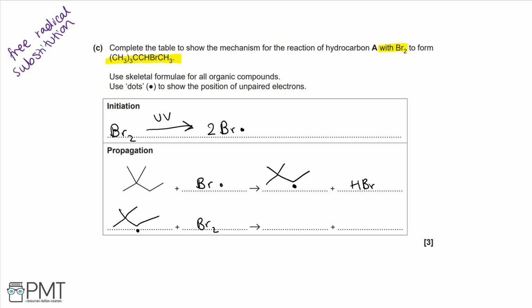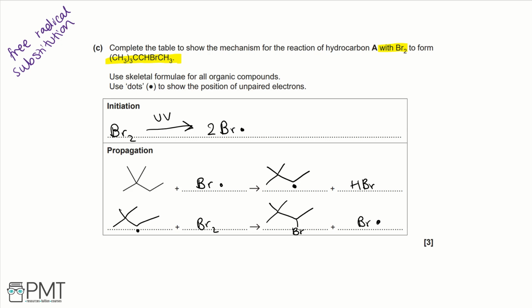So the bromine can then be added to where your radical part is on your hydrocarbon, and then you can get the product that you wanted at the end, where you've got your bromine on carbon number 2, and then you're left over with a bromine radical. So here are the initiation and propagation steps.